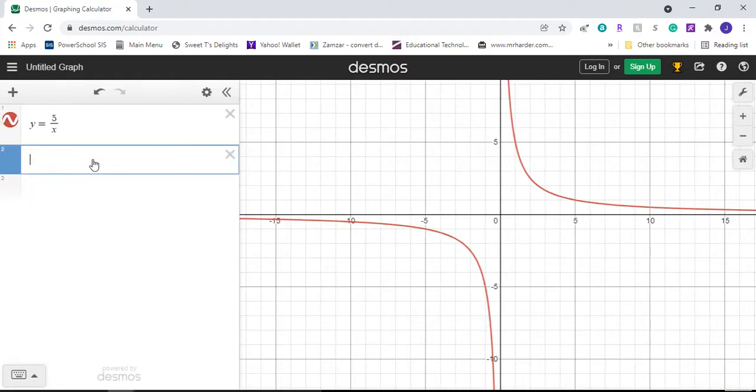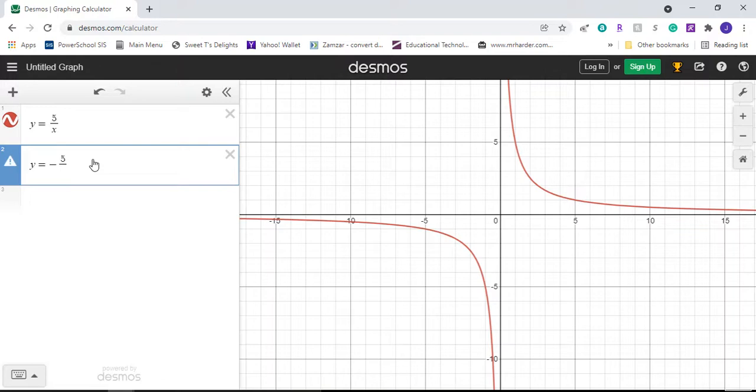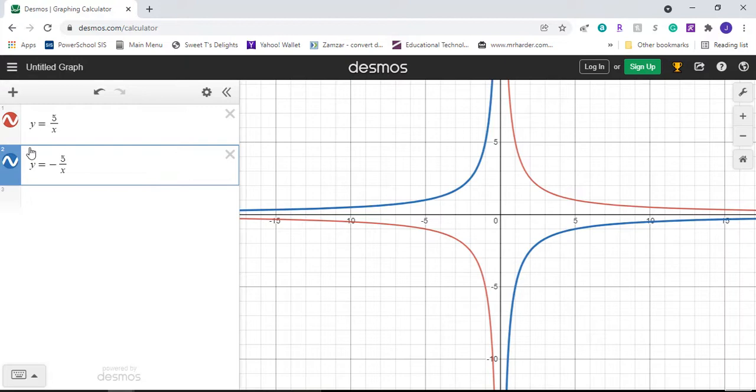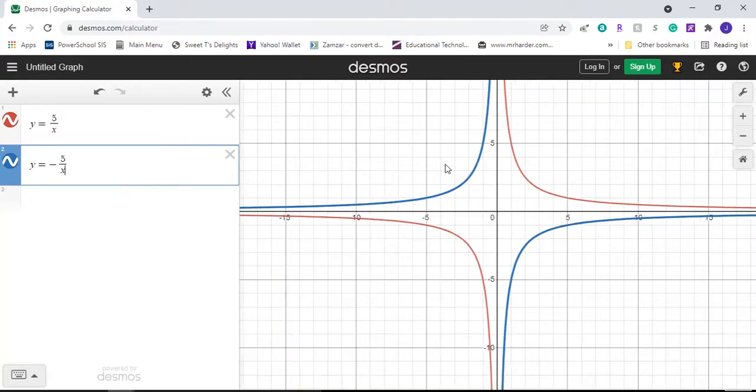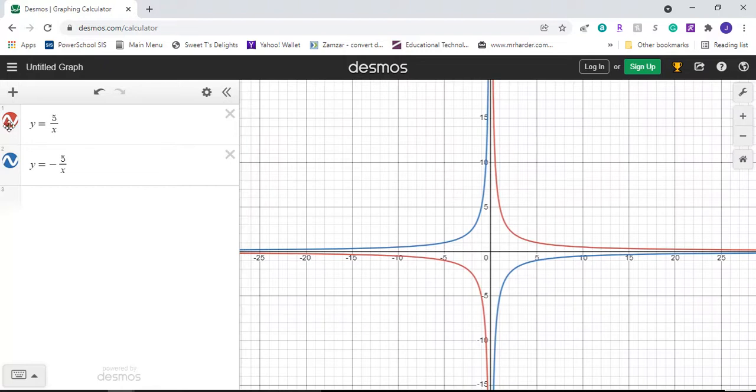And then we would do another graph. And we would do y is equal to negative 5 divided by x. And as you see, this is in blue. So what we could do here, just for the sake of this here so you can see the difference, let's turn this off.